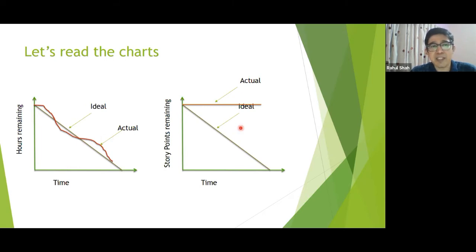It is possible that both charts are of the same team. This is a very rare scenario, but sometimes management is just looking at the hours remaining, or they are not looking at working software, meaning some stories getting completed early in the sprint, or not interacting with the team, then they might not know what the actual scenario is.